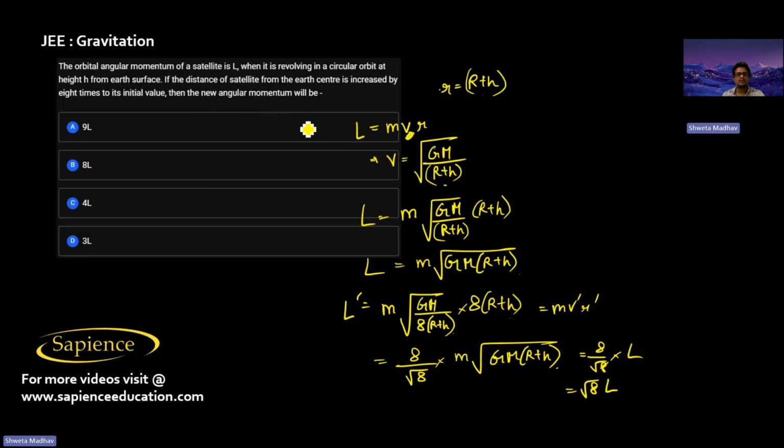Then the new angular momentum will be. It is coming root 8 L, circular orbit.